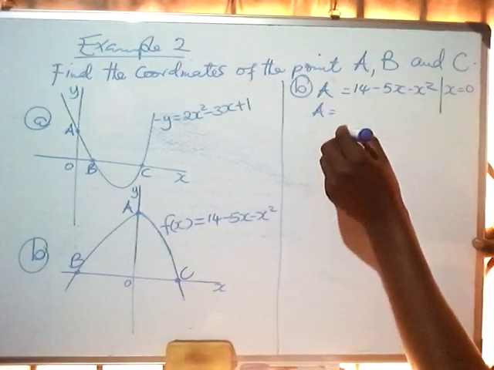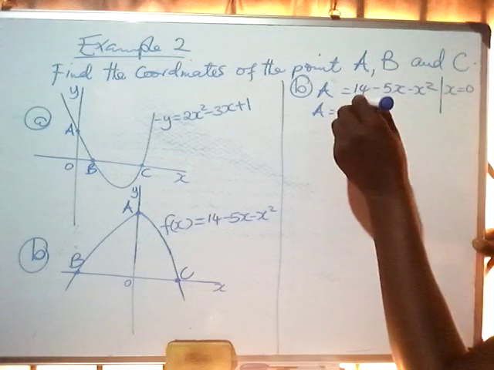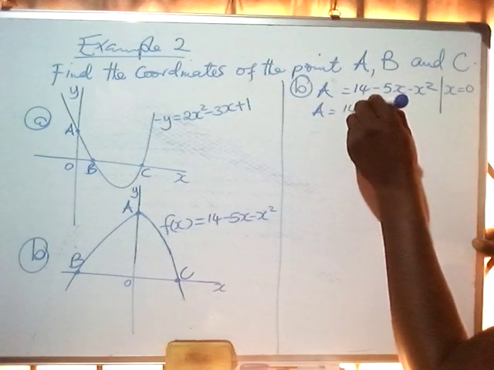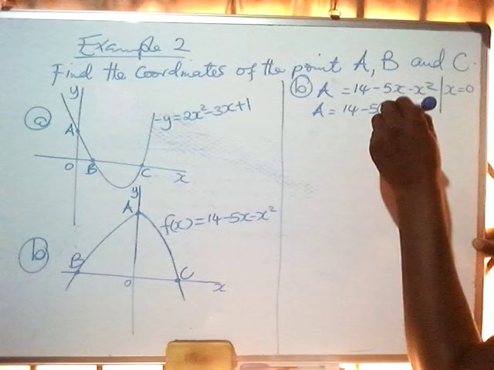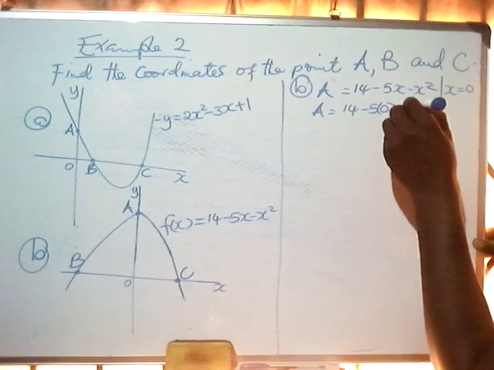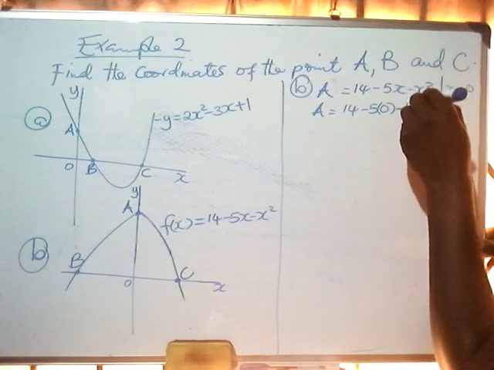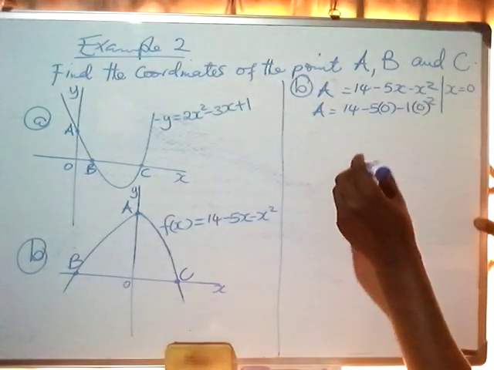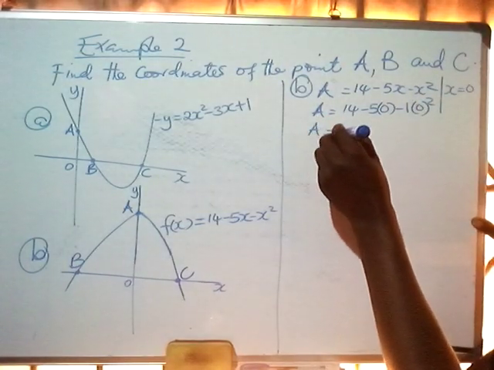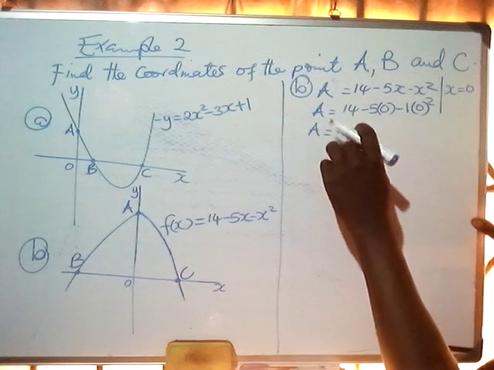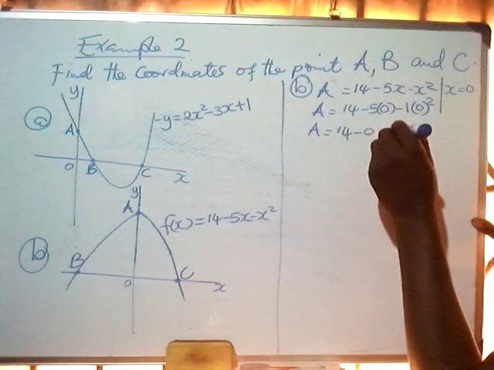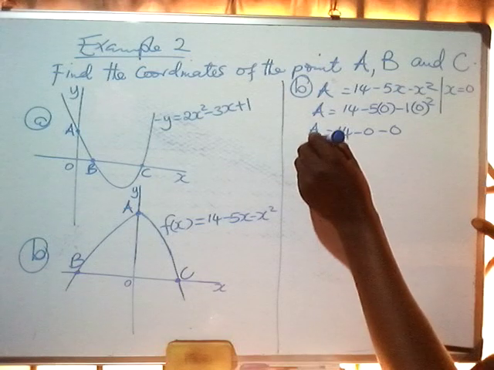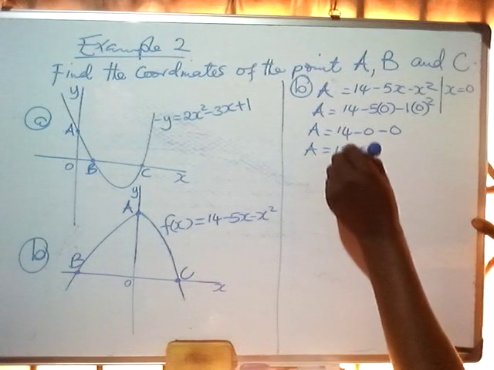So the value of A will be 14 minus 5 times 0 minus 0 squared, because this is negative 1. So 14 minus 0 minus 0, which is 14.